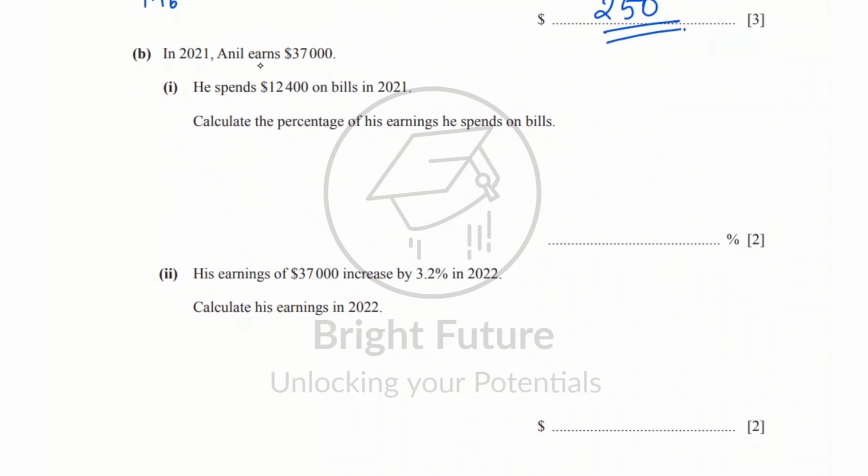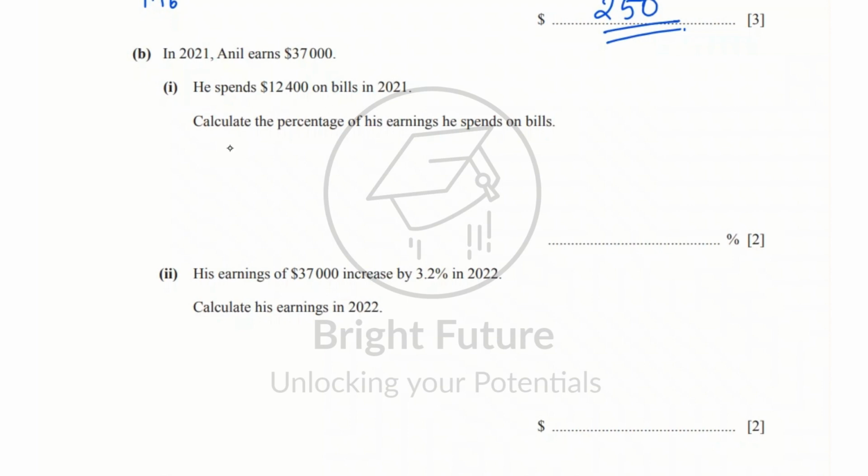In 2021, Anil earns $37,000. He spends $12,400 on bills in 2021. Calculate the percentage of his earnings he spends on bills. It's a simple question.